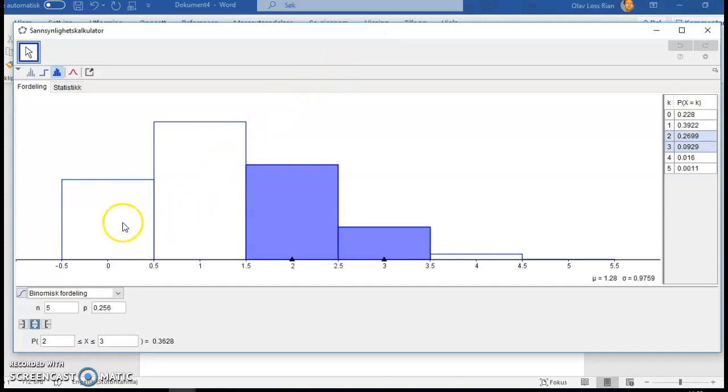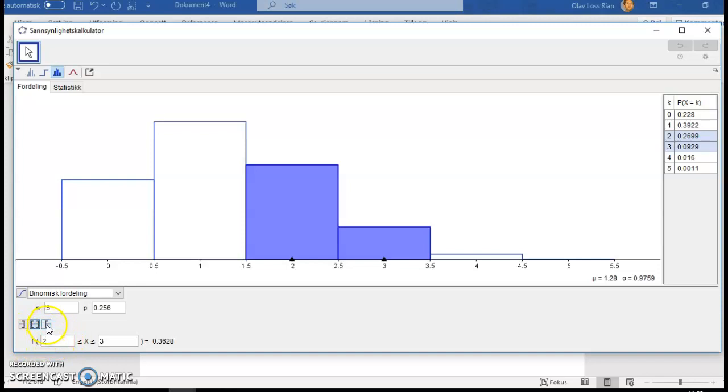So we have the values 0, 1, 2, 3, 4, and 5. So these are the 5 trials, and we have the distributional probabilities for each. So we're interested in the probability that at least 2 of the trout are more than 35 centimeters long.